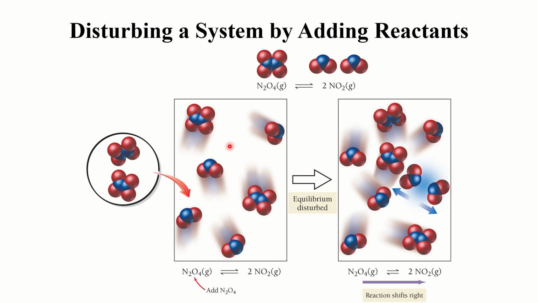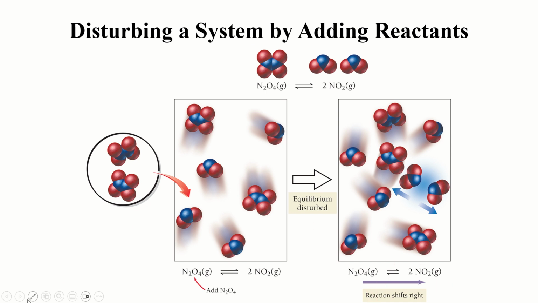Our reaction is at equilibrium, and we're going to disturb that equilibrium by adding some extra reactant, N2O4. What happens when that equilibrium is disturbed? Well, now we have too much N2O4 in the system. So that extra N2O4 is going to start reacting and forming NO2, and so the reaction shifts right.